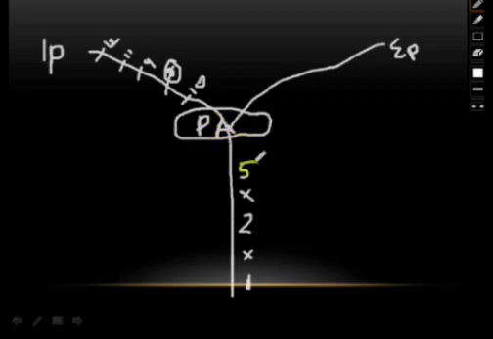Simple. So 5 times 2 is 10, 10 times 1 is 10, 1 times 2 is 2, 2 times 5 is 10. Remember, this is the end point.